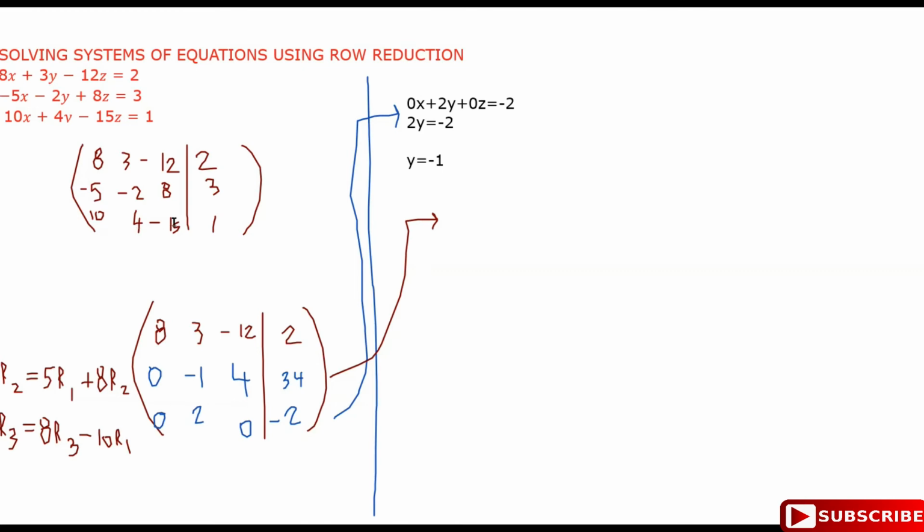Then finally down here, it's 8 times -15 minus 10 times -12, 0 is good. Then finally 8 times 1 minus 10 times 2. Okay, this should have been -12.